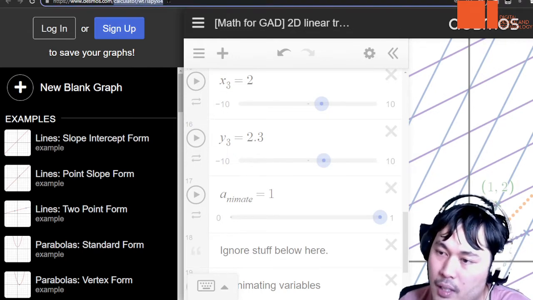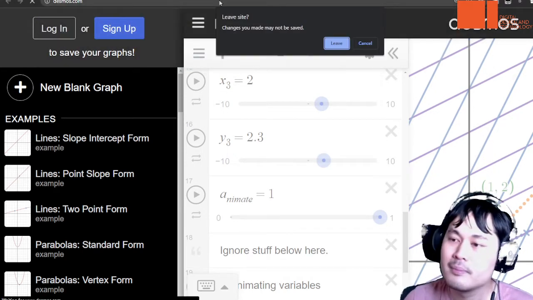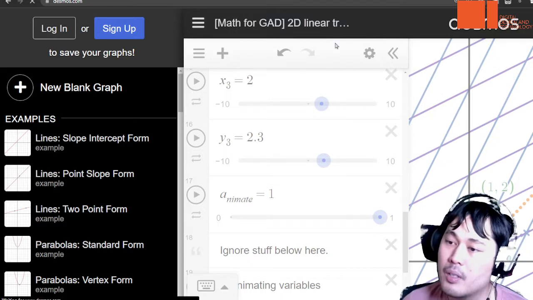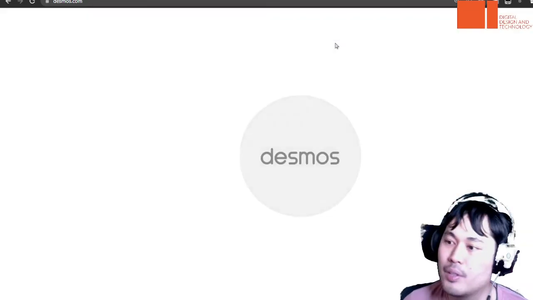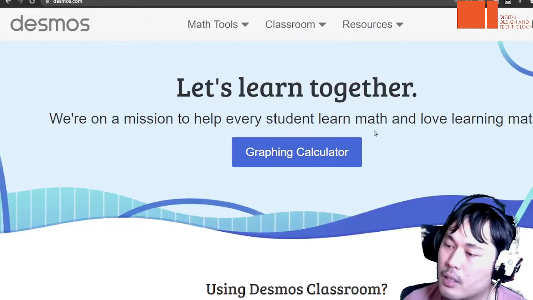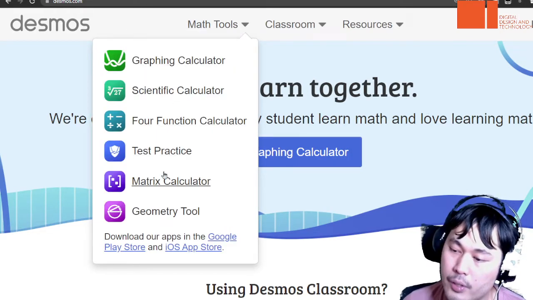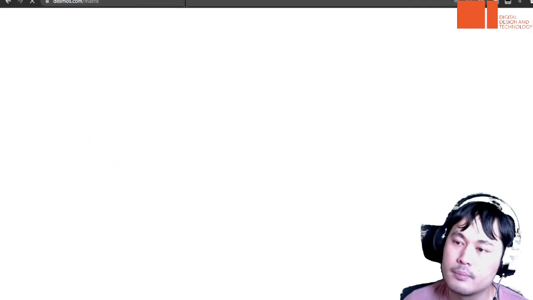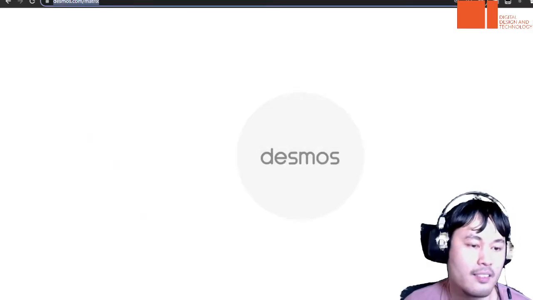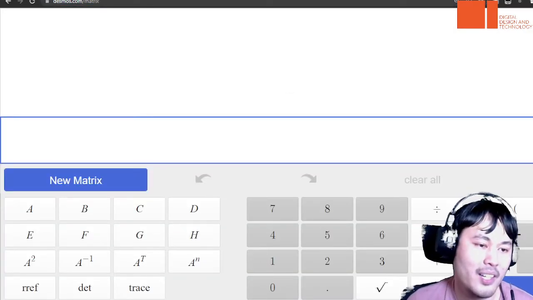They also have a matrix calculator. Let me go there first. We'll give you the link in a moment. So if you go to Math Tools and select Matrix Calculator here, then you're gonna get a matrix calculator.